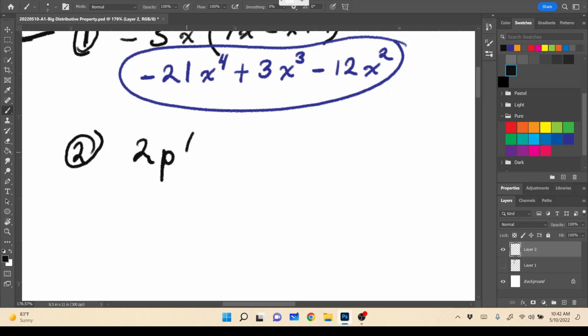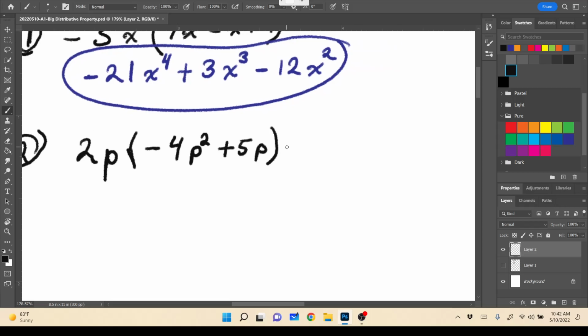2p times negative 4p squared plus 5p, close parentheses, minus 5 times 2p squared plus 20.